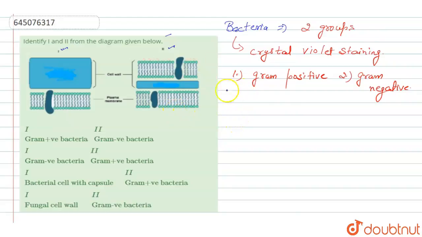So when we're talking about gram positive bacteria, the first one is the gram positive bacteria.